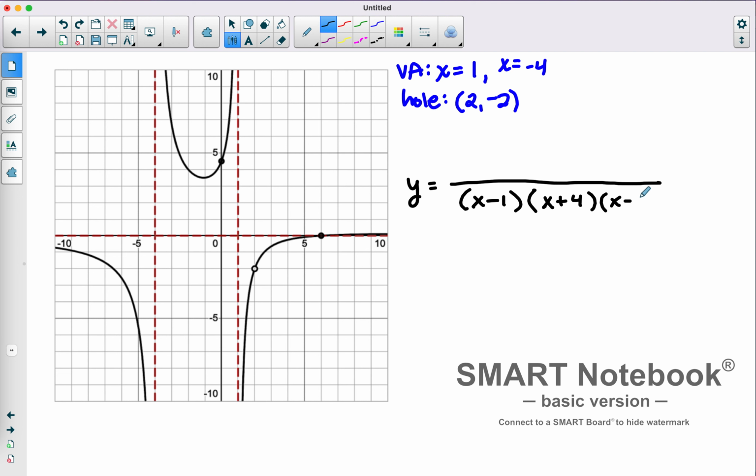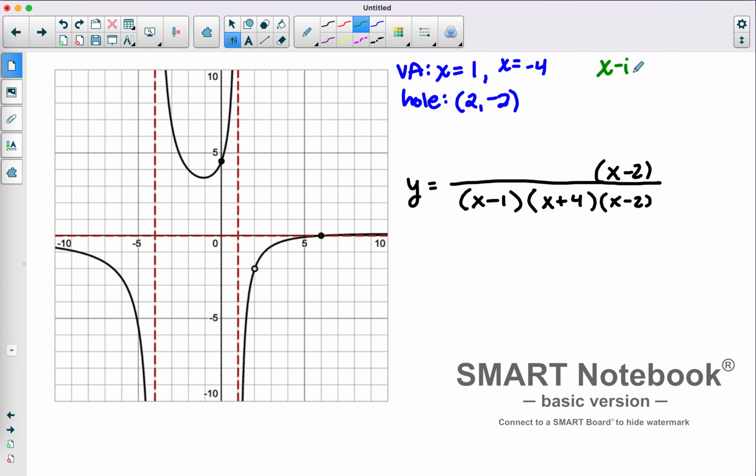We have a common factor of x minus 2 in the numerator and denominator, and that's what made the hole at x equals 2. We're using the x value, not that negative 2. That just happens to be a coincidence. But positive 2 is where the hole occurs on the x's, and that is coming from this factor of x minus 2. Then I go to the x-intercepts.